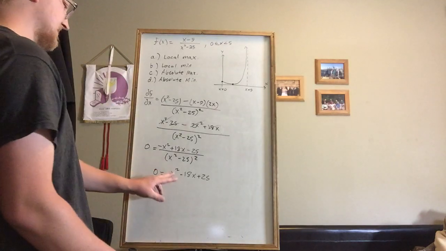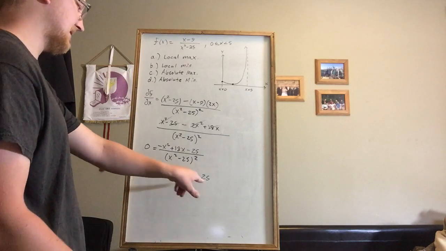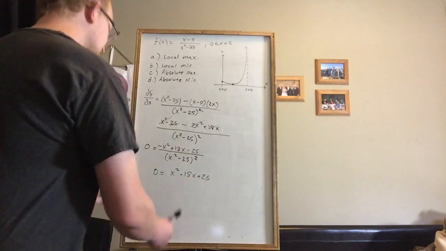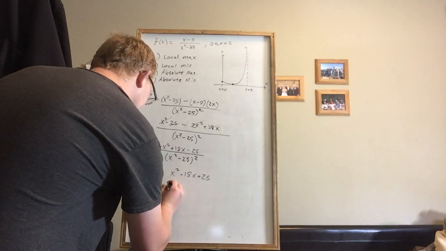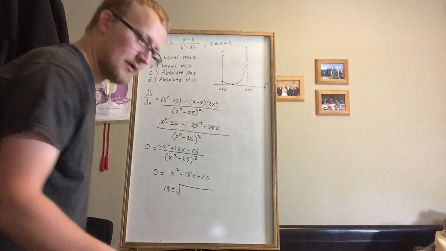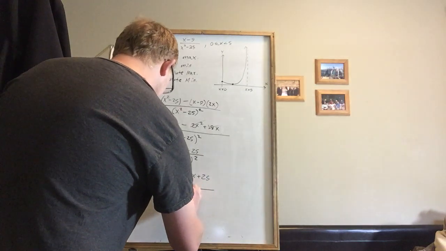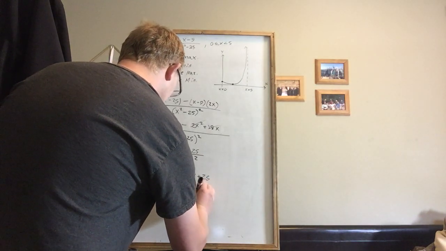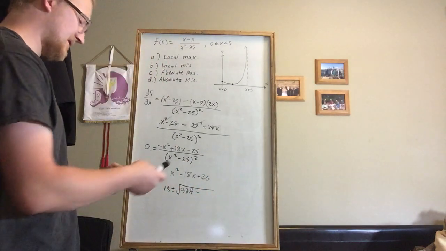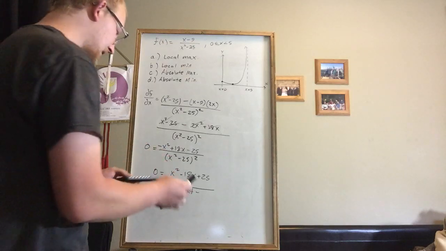And so let's see how much I can fit on the board here. Our a is 1, our b is minus 18, our c is plus 25. So negative b is going to be 18, plus or minus the square root of b squared, that's minus 18 squared. 18 squared is 324, minus 4ac, so 4 times a, which is 1, times c, which is 25.